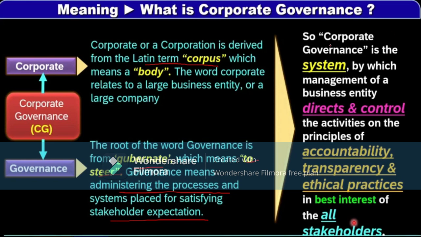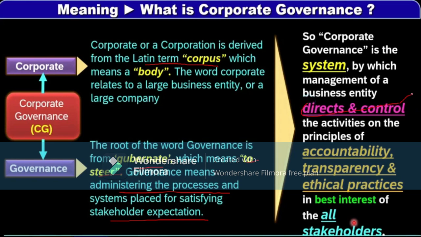So corporate governance is a system of vision, mission, strategies, accountability, transparency, integrity, ethical practices. All can be seen in this system by which the management of a business entity directs and controls.